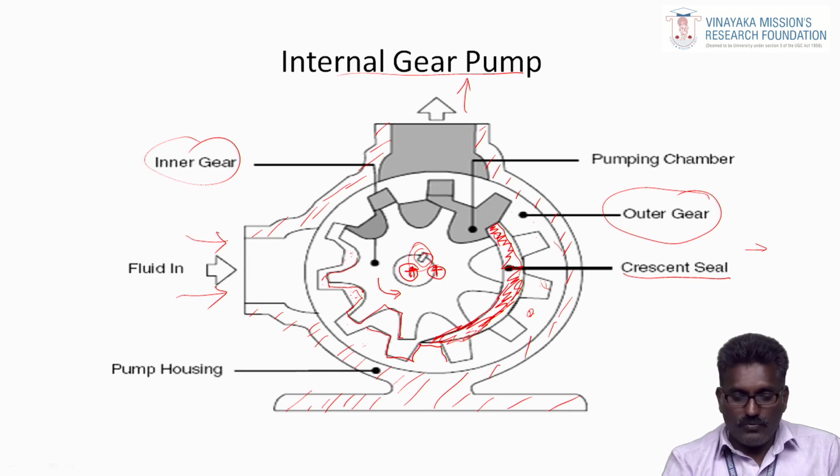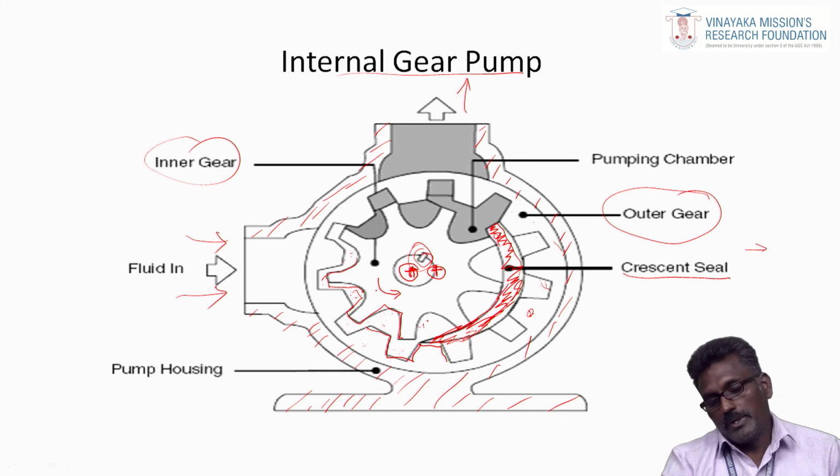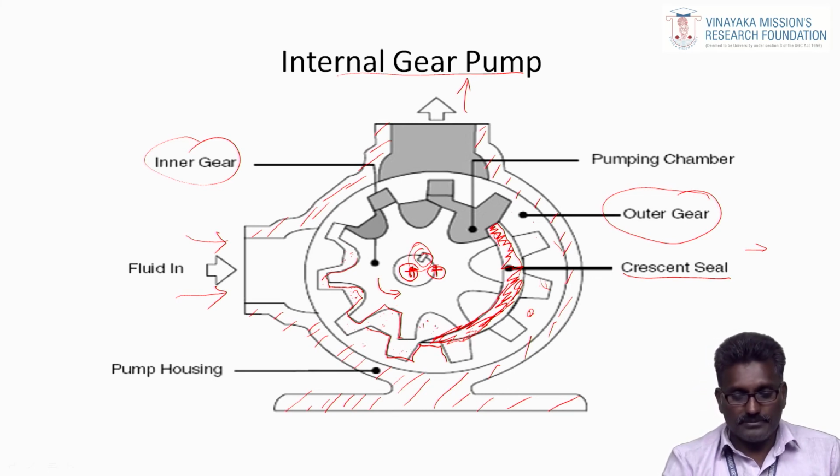When it moves further, the volume gets increased, the gap between these two teeth is gradually increasing. This increase of volume receives the fluid from the inlet. This fluid is taken by both the gear teeth.